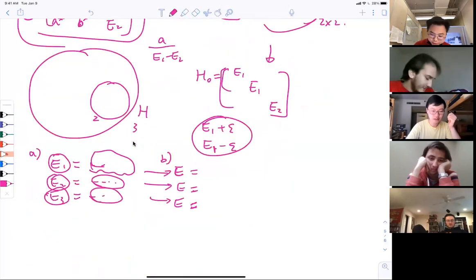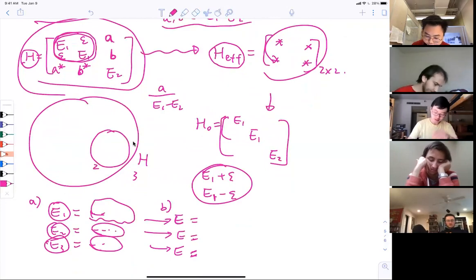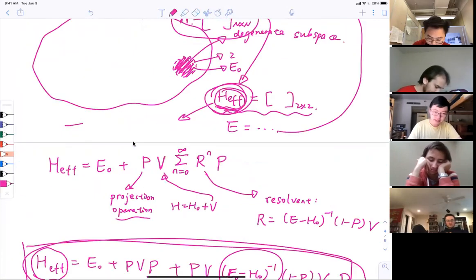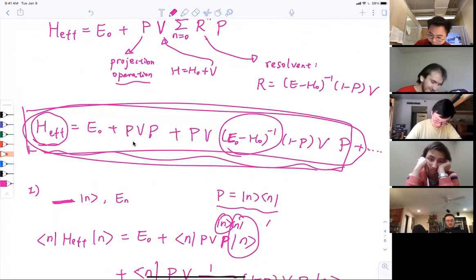Okay, anyway, I will do one element for you guys. You can do the other elements by yourself.